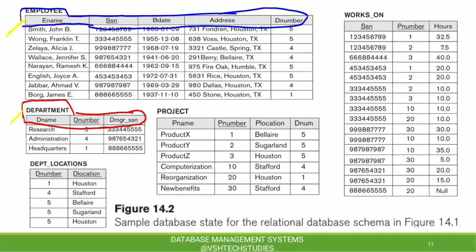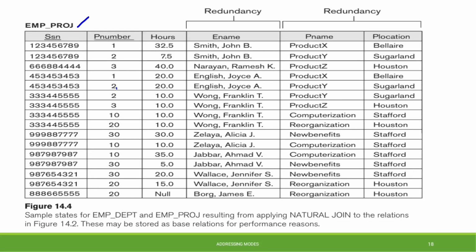Okay. Similarly, if you consider the EMP_PROJ relation, here the SSN, P number, and hours attributes indicate the social security number of the employee, the project number on which that employee is working, and for how many hours.